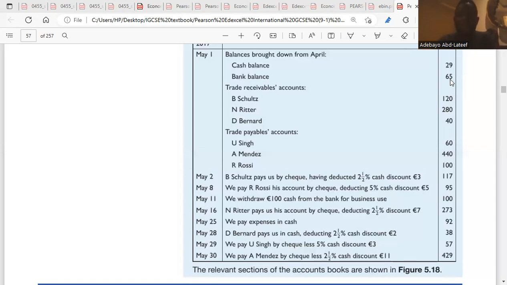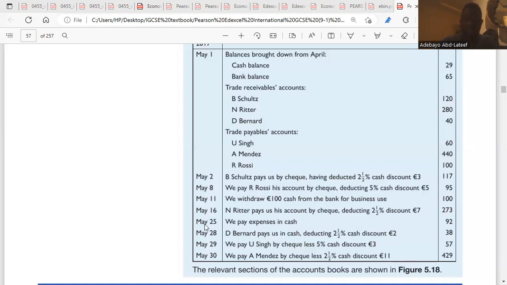So 280 euros minus 7 euros of discount, Retail will be paying 273. So for the 273, on the debit side of the cash book, we're going to have discount allowed, 7 euros, and the balance on the bank column will be 273. That is for Retail.